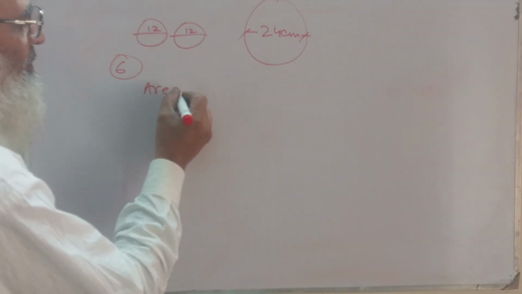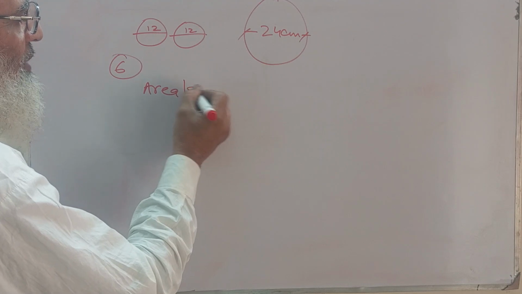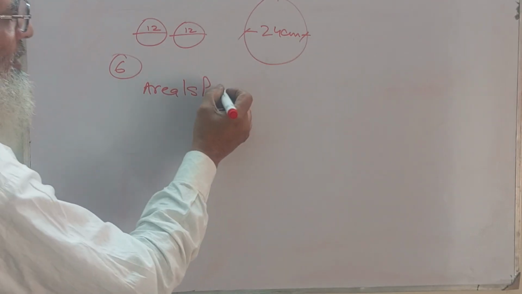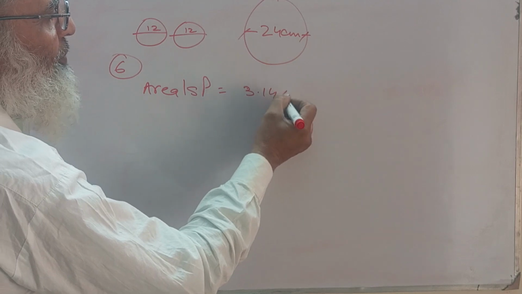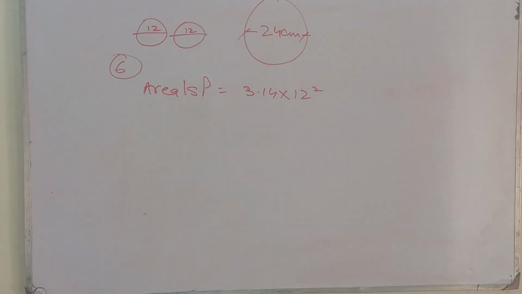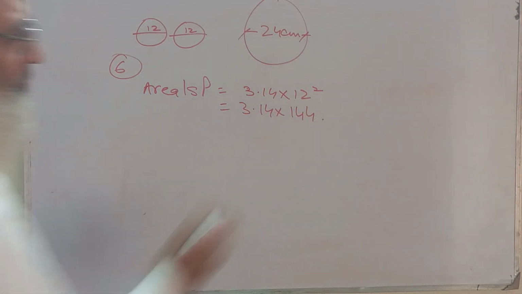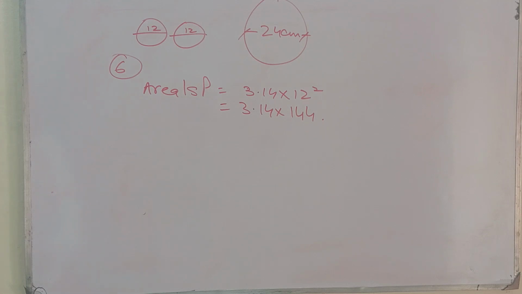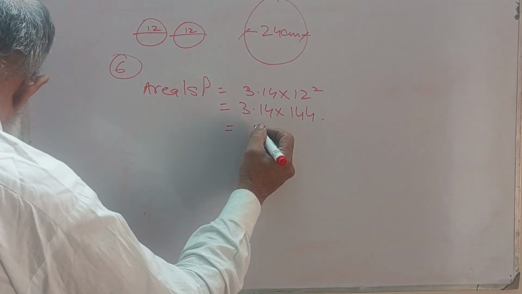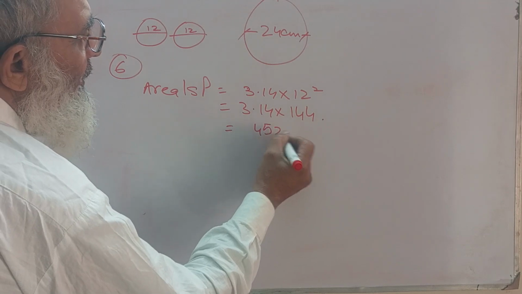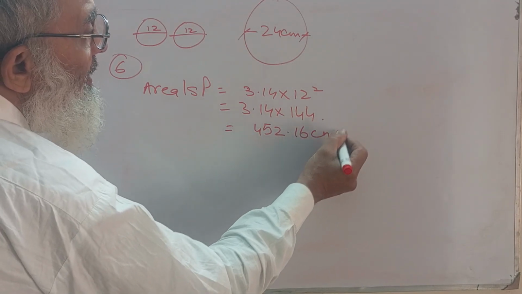Area of one smaller pizza is equal to 3.14 multiplied by 12 the whole square. It will become 3.14 multiplied by 144, because the square is 12 multiplied by 12, 144. Multiplied by 3.14, it is equal to 452.16 centimeters square.